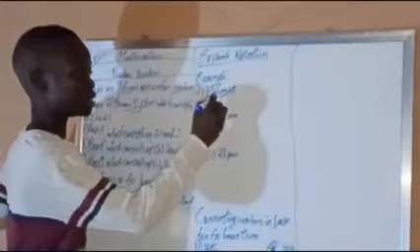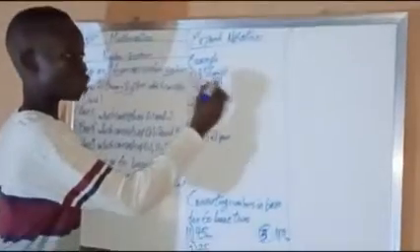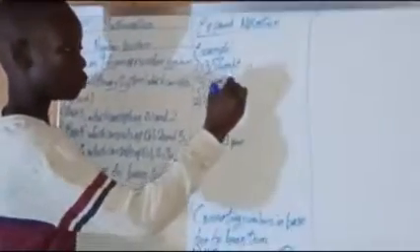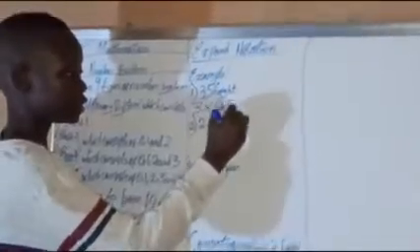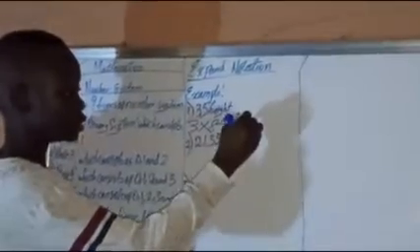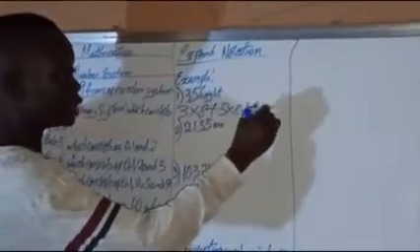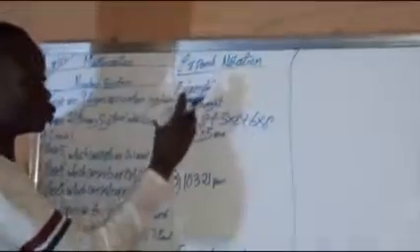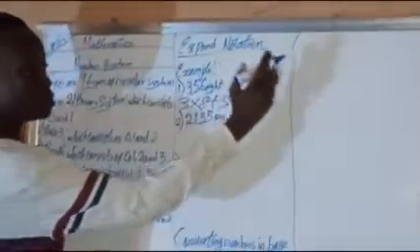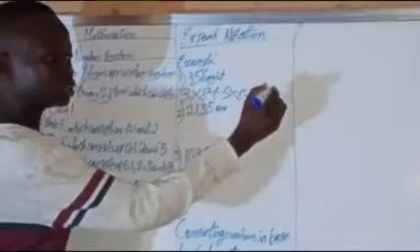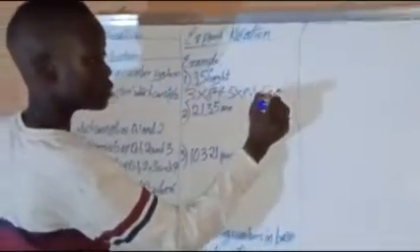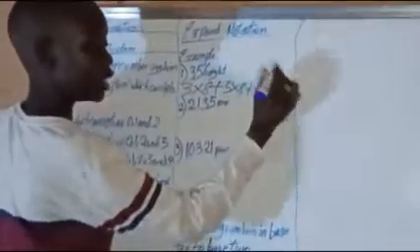So it will be 3 times the base that we are under, that is 8, plus 5 times 8 again, plus 6 times 8. Every 8 before the plus will carry an index.